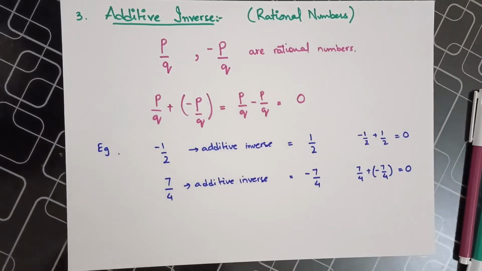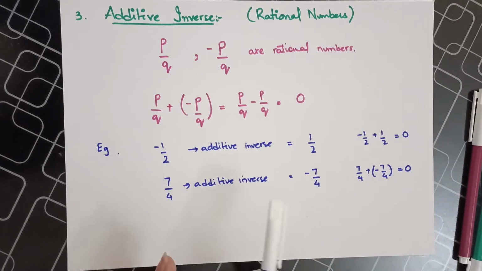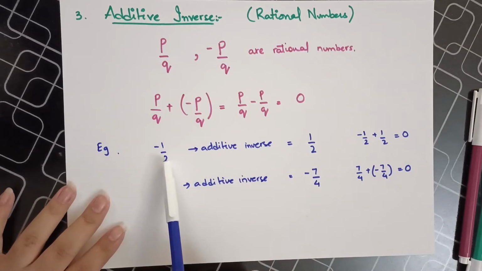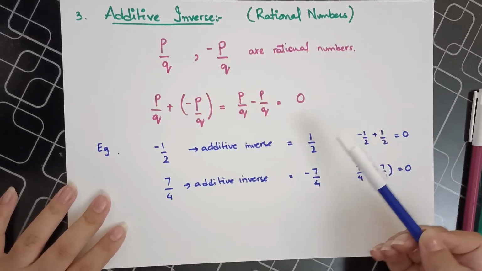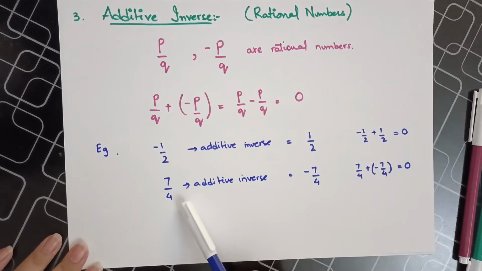Okay, so this is what it means: the additive inverse is a number which is the same as the original number, but it carries an opposite sign. If the actual number has a negative sign, its additive inverse will carry a positive sign. But if the actual number has a positive sign, its additive inverse will carry a negative sign.